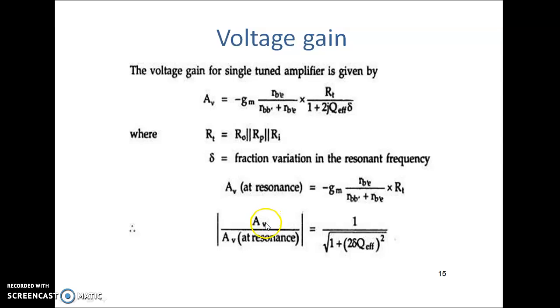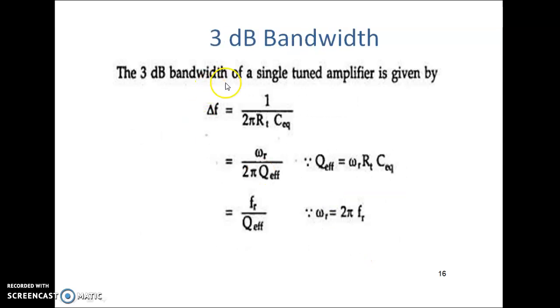So AV, the voltage gain at any frequency normalized to that at the resonant frequency, is given by 1 by square root of (1 plus (2 delta Q effective) square). Now the 3 dB bandwidth: delta F is given as 1 by 2 pi RT C equivalent, which is nothing but FR by Q effective.